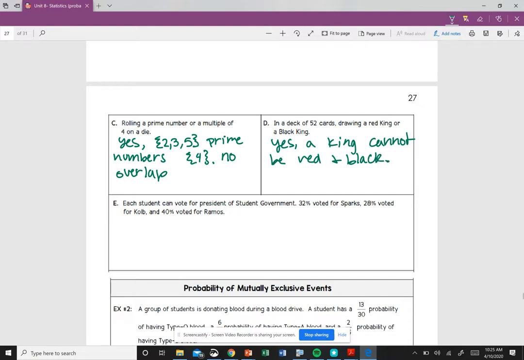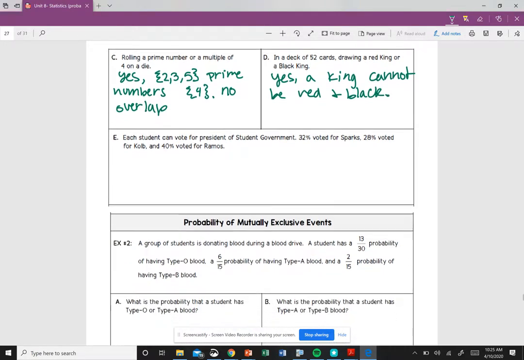Okay, each student can vote for president of student government. 32% vote for Sparks, 28% vote for Kolb, and 40% vote for Ramos. Okay. Is there any overlap if each student can vote for president? I'm hoping the answer is no. There's no overlap.